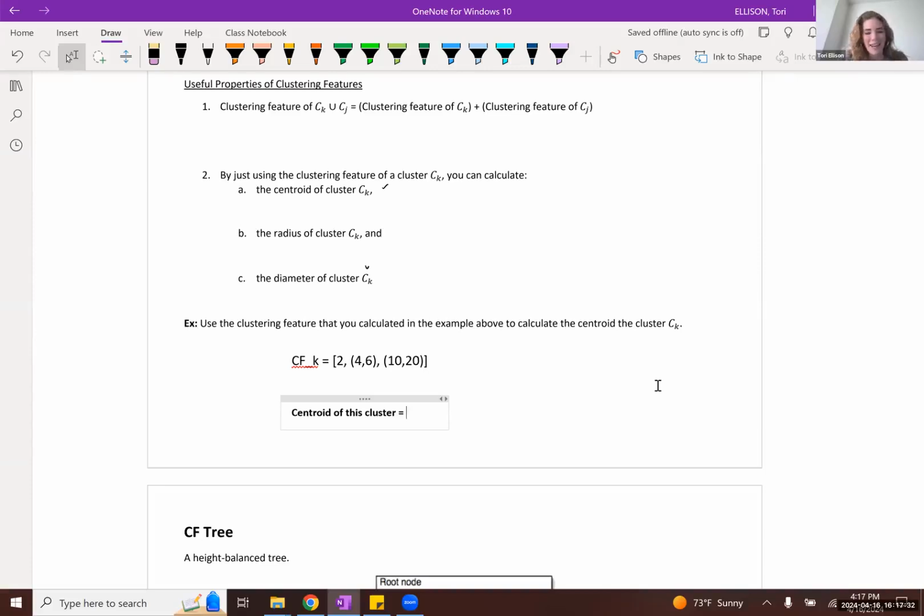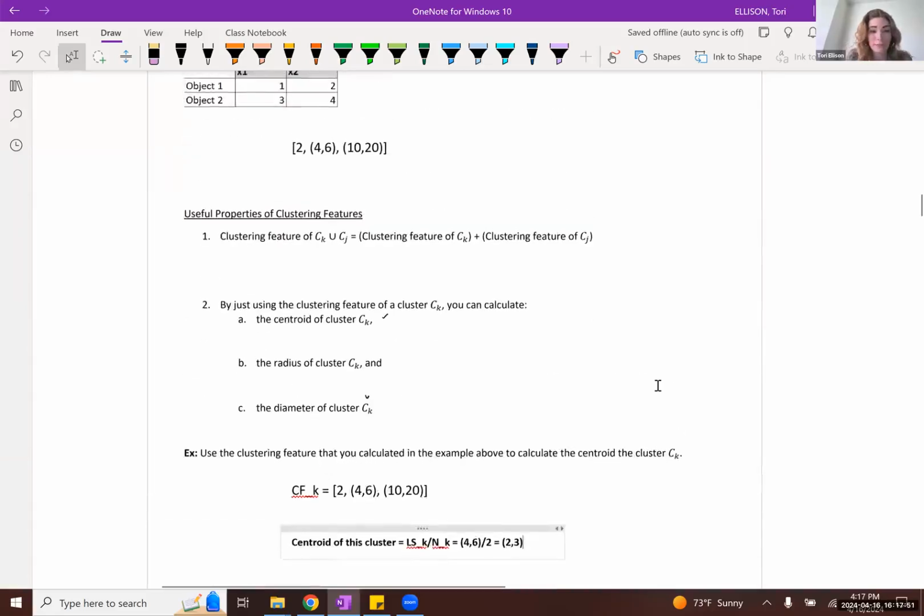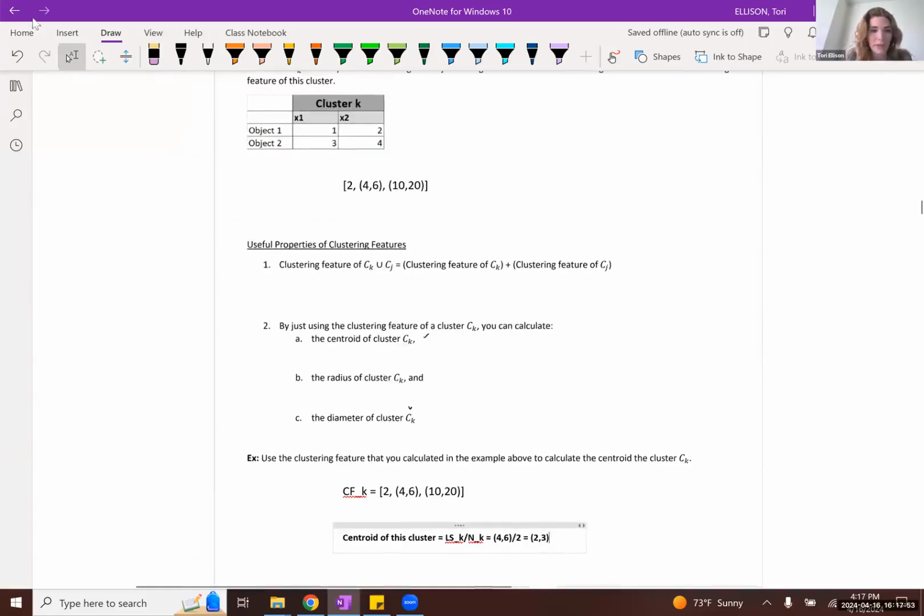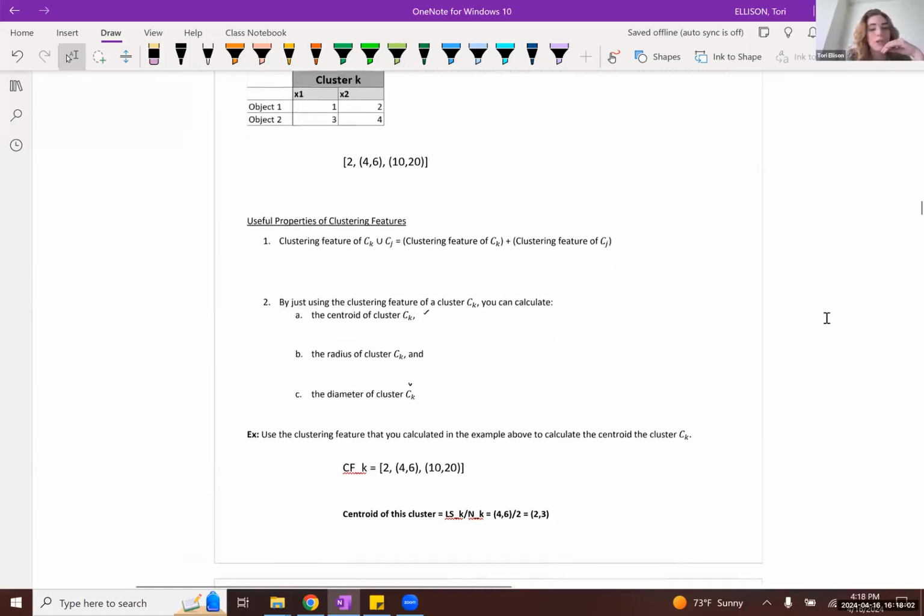Basically, we can simply take the linear sum of our observations and divide by the number of observations, and we get the centroid of that particular cluster. So we can take the point 4.6, divide by 2, and we get the centroid of that cluster. And so we can double check ourselves that this is in fact the centroid of this cluster here. Okay, questions on that?